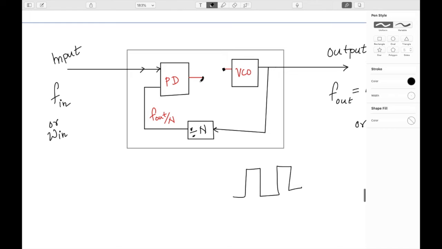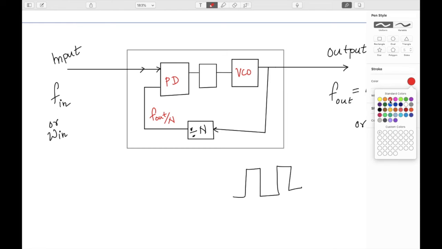The simplest way to do the averaging is using a low pass filter, maybe as simple as a first order low pass filter with a simple RC circuit. Because it's going to have a lot of jumping digital ones and zeros, we have a low pass filter, and its output is fed to the input of the VCO.